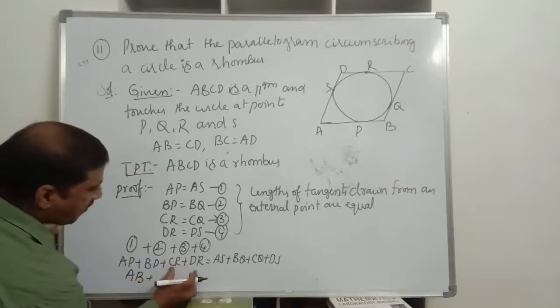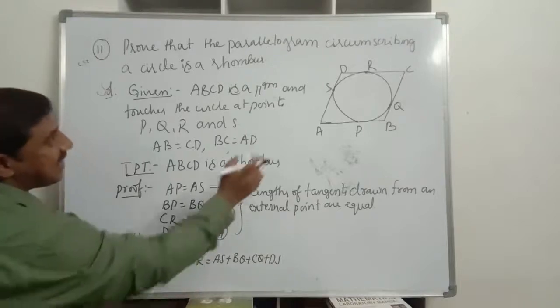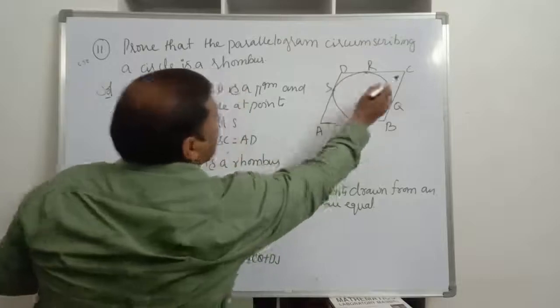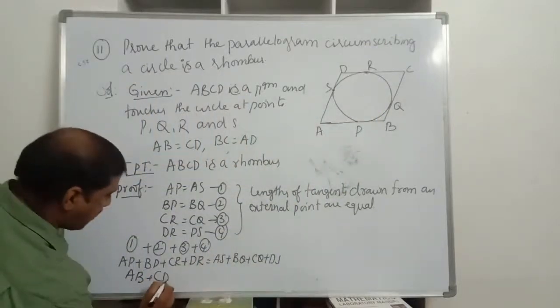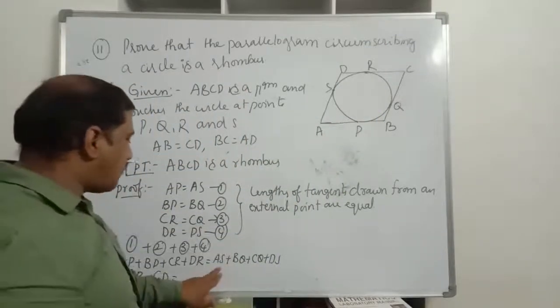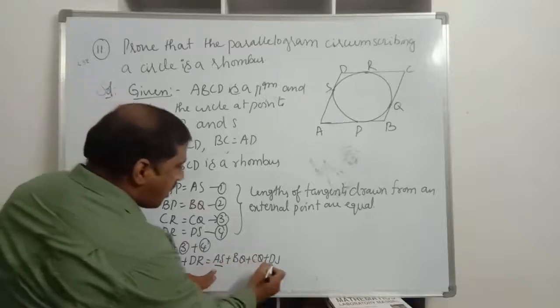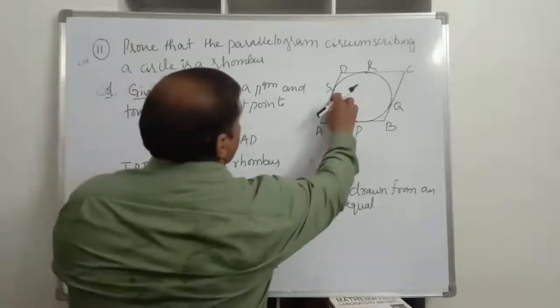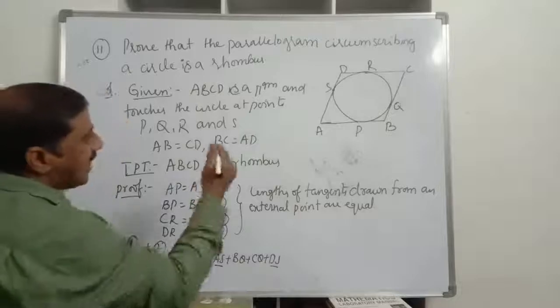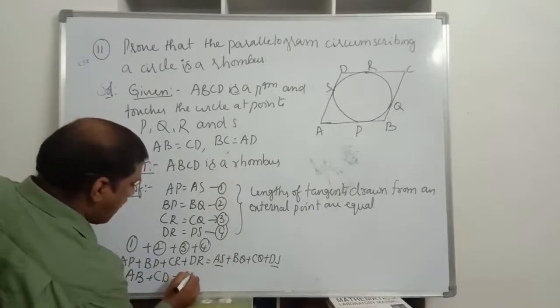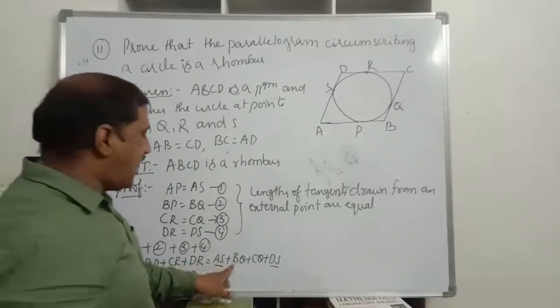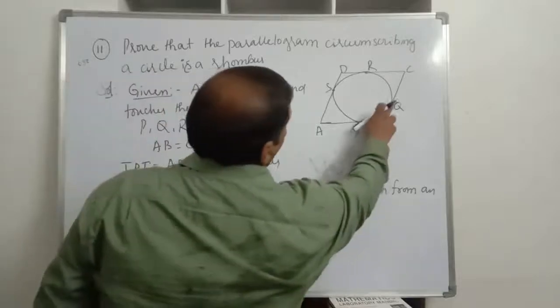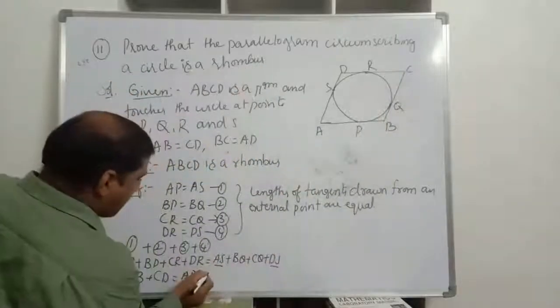CR plus DR is CD. That is the LHS. On the RHS, AS and DS give AD, and BQ plus CQ gives BC.